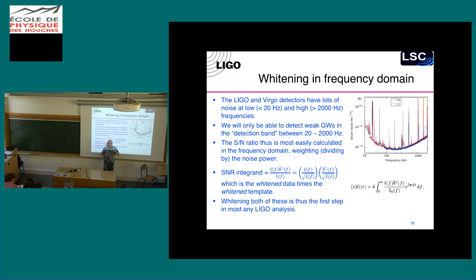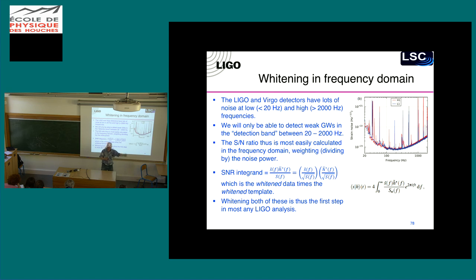Now you'll recall that I showed you how to generate a bank of templates using a PSD to calculate how close or far away the templates need to be. But if we have 3 detectors and they all have 3 different amplitude spectral densities of the noise, how do you do that? You won't get the same template in each of the 3 detectors.